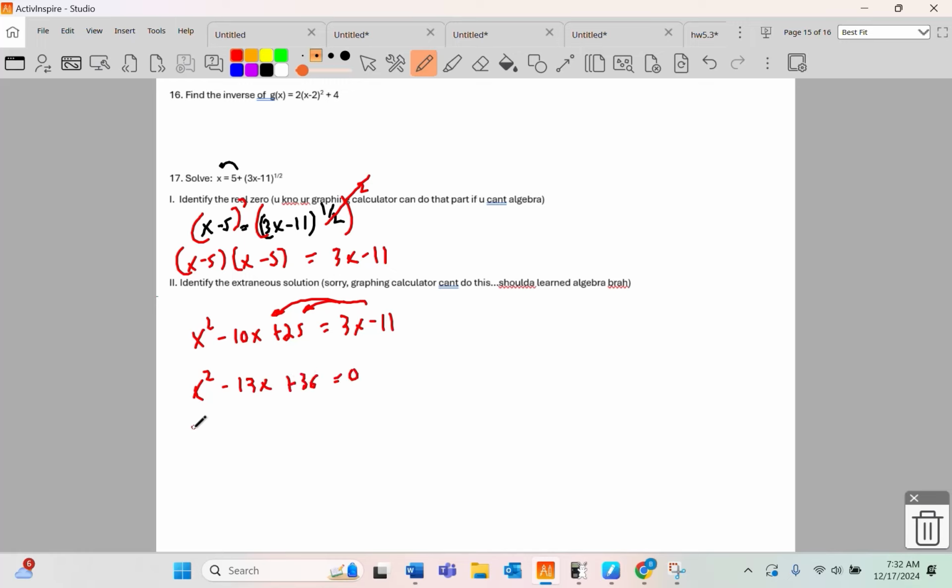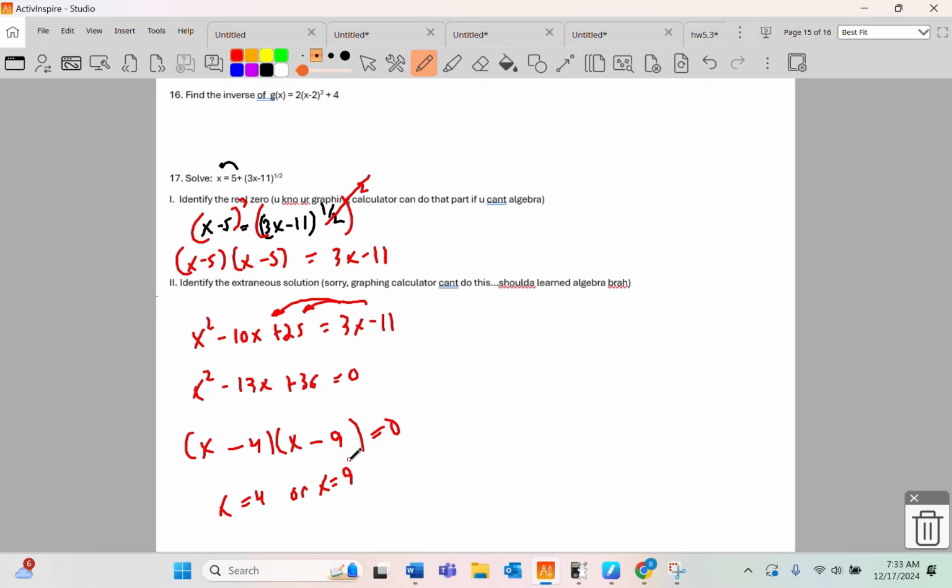To get to a 36, you need a 3 and a 13. No, you don't. You need a 3 and a 12. That doesn't work. You need a 9 and a 4. I want to be negative 13, so both negative. And this gives me x equals 4 or x equals 9 by the zero product property.